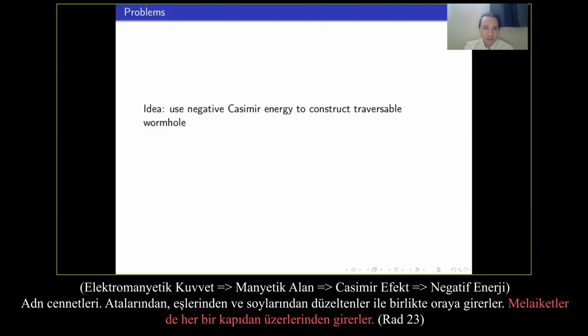So this is the idea, to use this negative Casimir energy to construct the wormholes. But there is a problem, because we need a lot of matter, because not only do we have to compensate for the Newton constant, but also we have to compensate for the Planck constant as well.